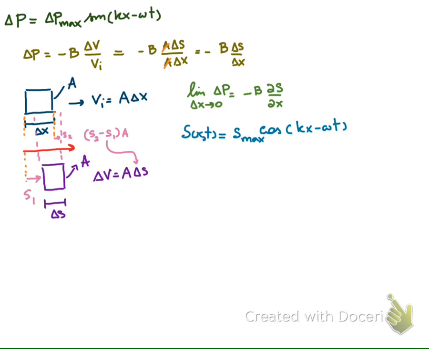So you can see that now delta P is equal to the partial derivative of this function s, so it will become B S max K sine kx minus omega t.